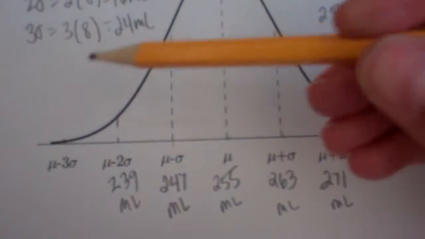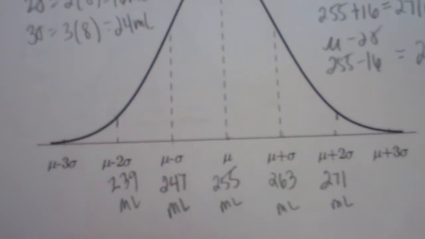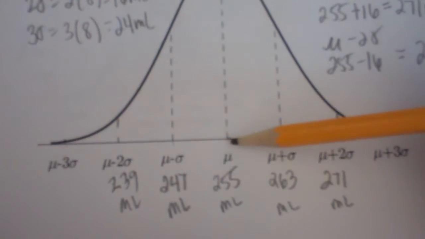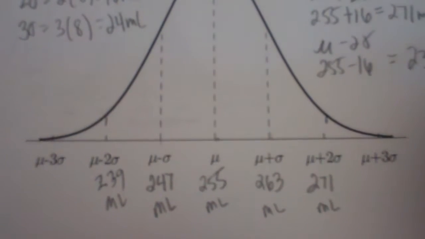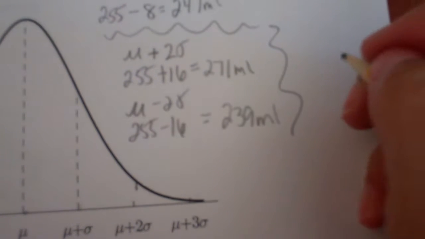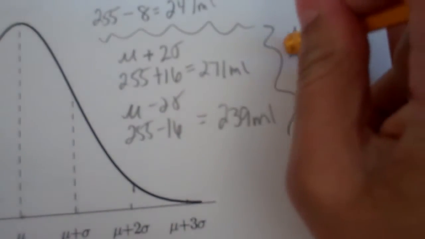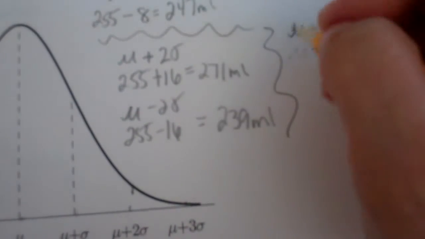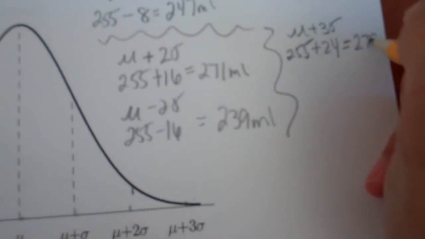Let's go out even further, which you can see is really way out there, and that's 3 standard deviations away from our mean of 255 milliliters. So let's calculate that over on the side. Mean plus 3 standard deviations is mean plus 24. Remember, our mean is 255, plus 24, which gets us to 279.